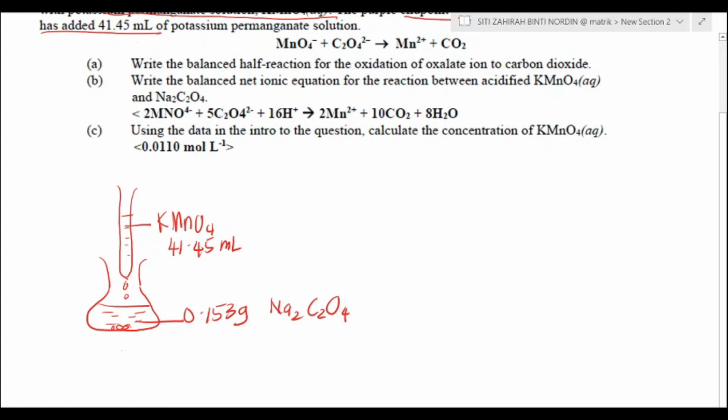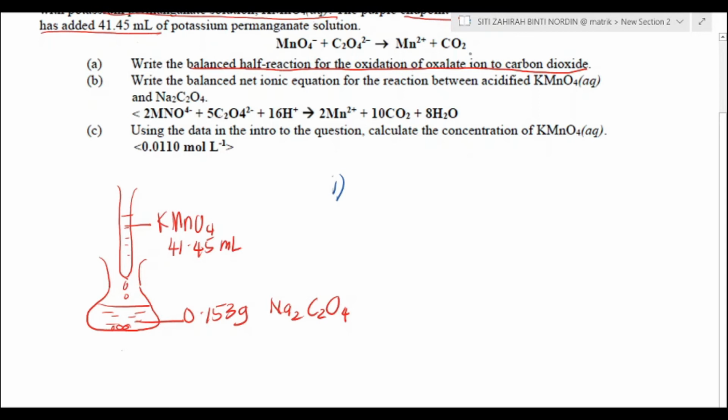So first, question A: write the balanced half equation for the oxidation of oxalate ion to carbon dioxide. This is kind of like a bonus question, because the question already gave you the reactant and products.